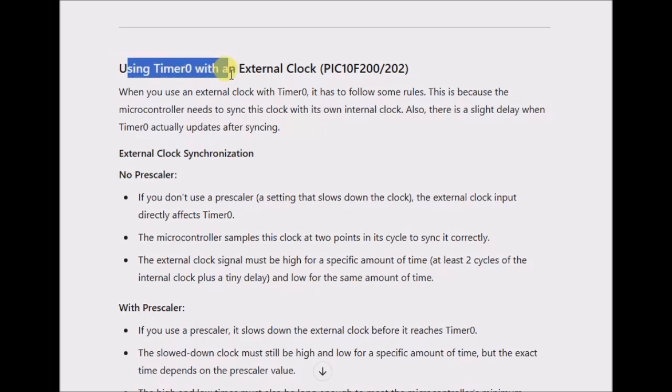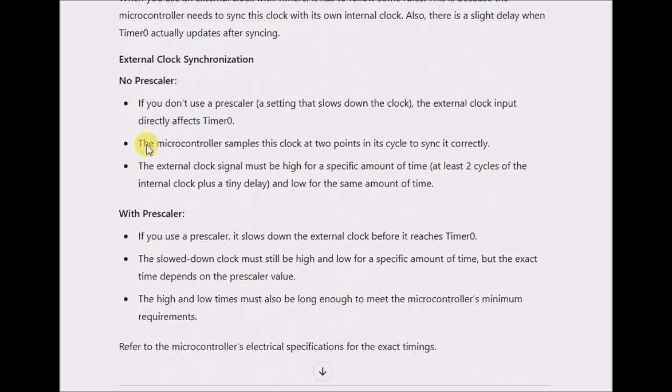Using Timer 0 with an external clock. When you use an external clock with Timer 0, it has to follow some rules. This is because the microcontroller needs to sync this clock with its own internal clock. Also, there is a slight delay when Timer 0 actually updates after syncing. External clock synchronization.